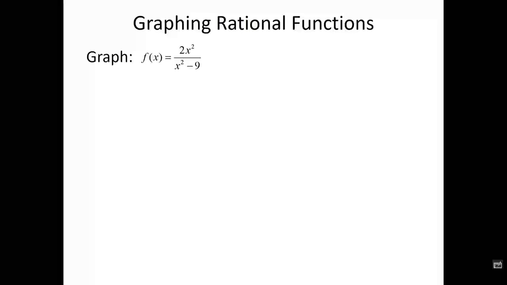All right, in this example, we are given a rational function and we want to graph it. The function is f of x is equal to 2x squared divided by x squared minus 9. In order to graph this, we're going to go through the necessary steps to determine the symmetry, the intercepts, the asymptotes, and then putting all of this information together, we will be able to obtain the graph of this rational function.